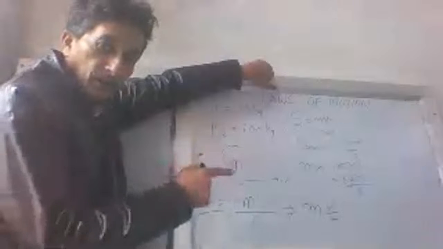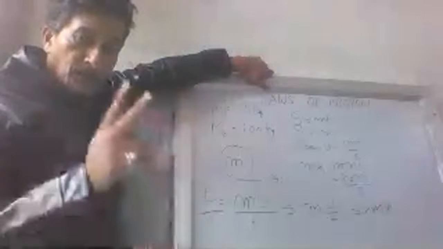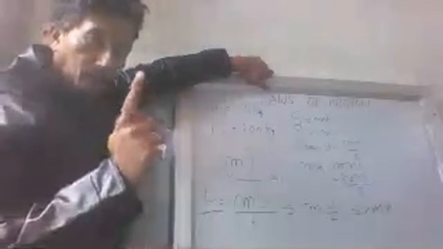I am segregating, meaning splitting: mass over here and velocity upon time here. Velocity upon time, the rate of change of velocity, is called acceleration. Put it over here: mass into acceleration. What is this? Mass into acceleration is Newton's second law. That is called force.